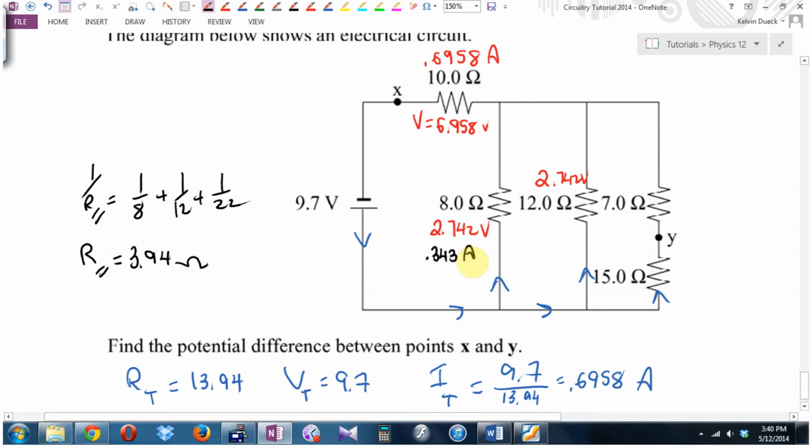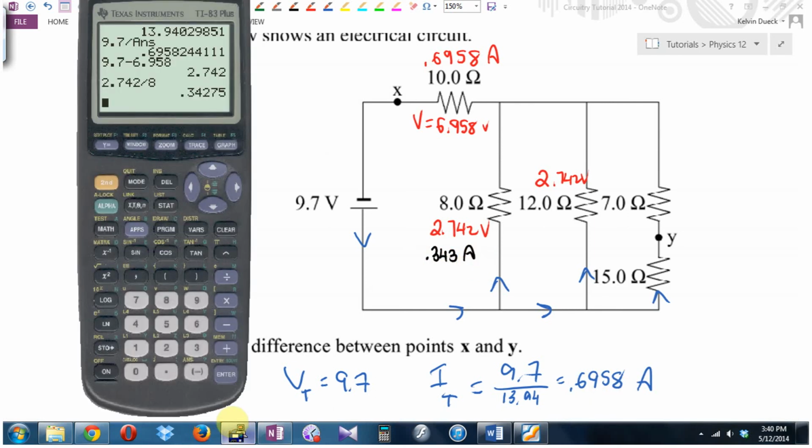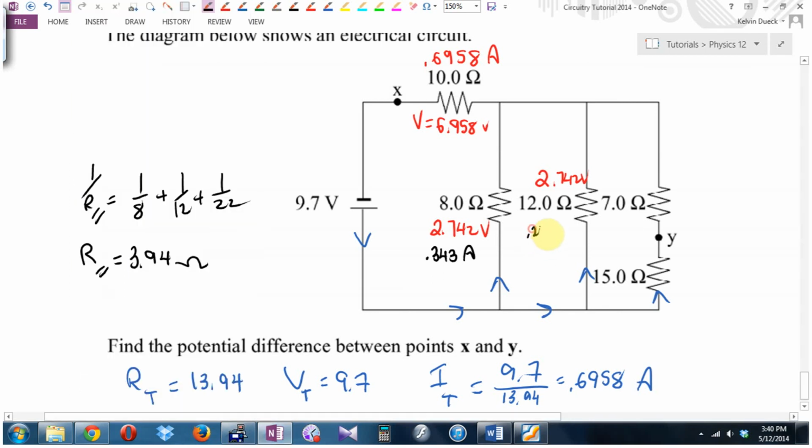What did I say total amperage was? 0.69. In the middle one, I have V over R. 0.2285 amps.